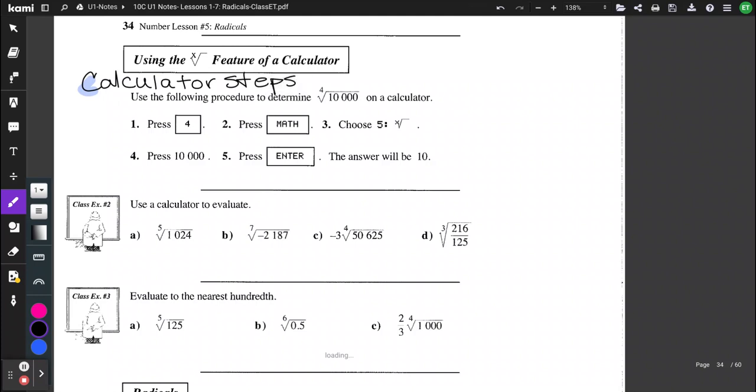Okay, those are the calculator steps. So if we want the 4th root of 10,000, we would first type in the 4, then we press the math button, then we hit the 5, then we type in our digit 10,000, then we press enter. So these are all the steps on what to do exactly in your calculator if you don't remember.